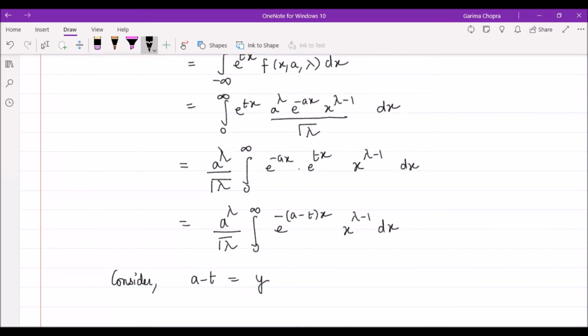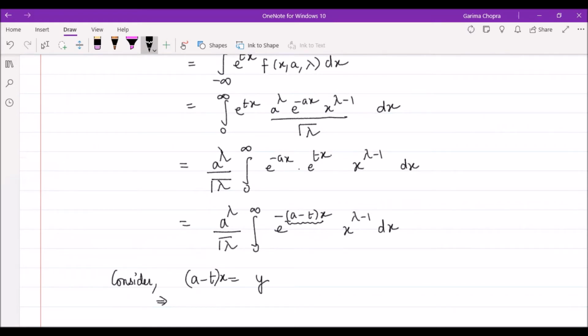Here we have this x also. So the substitution will be: consider this product, a minus t times x, as y. Now let us try to find the relation between dx and dy.